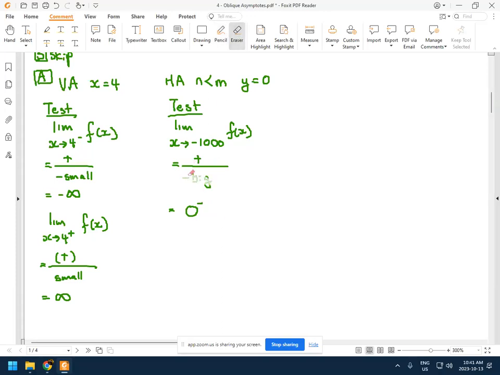Or how about I just plug in the number? So what is negative 1,000 minus 4? That's a negative 1,004. That's going to be close to 0, but just underneath.